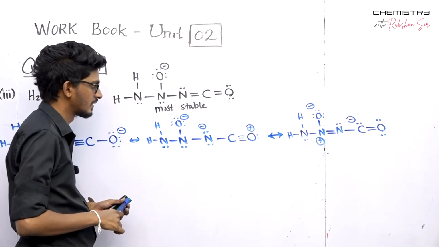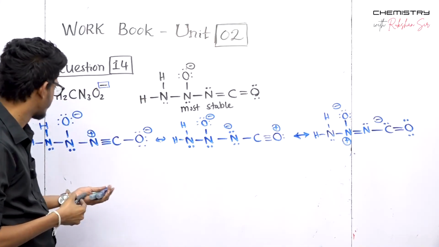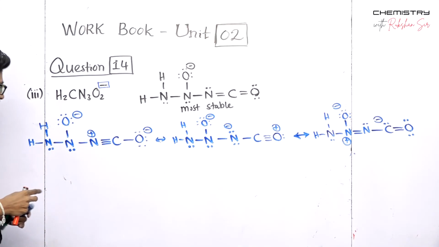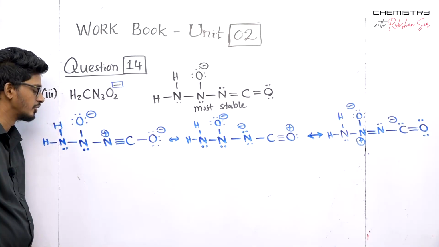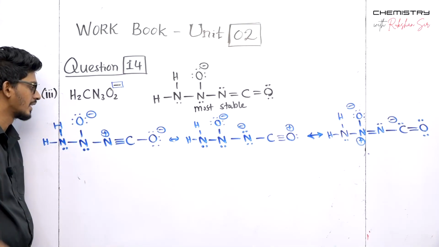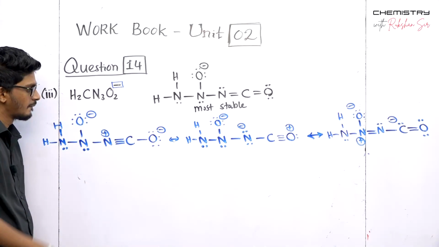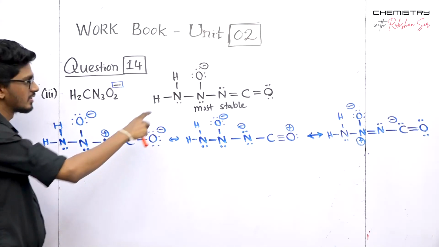So let's comment on their stabilities, right? So for this one, what about this? There's no reason to become unstable. You don't have similar sign charges on adjacent connected atoms, or a positive charge on oxygen. But you have some high charge dispersion compared to this.